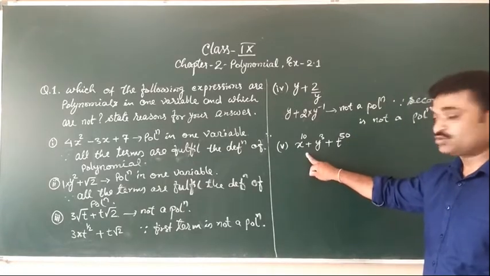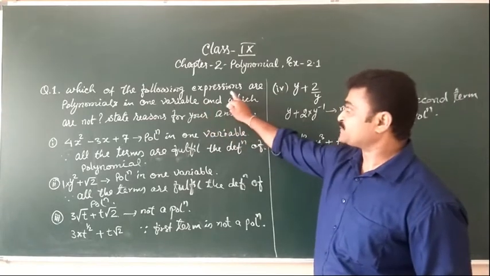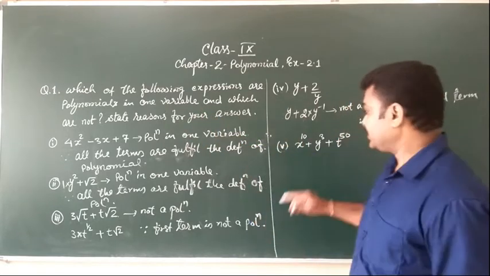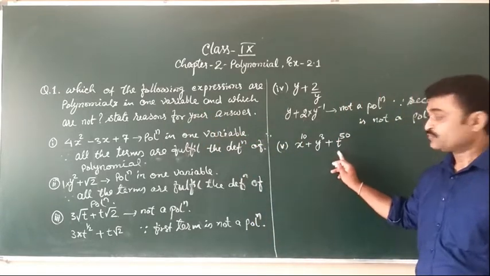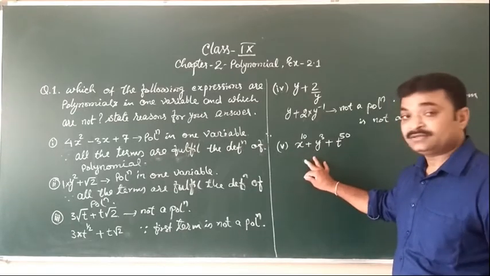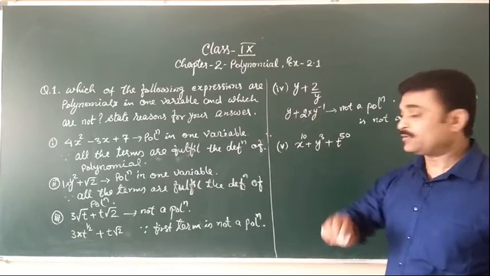In the last question, we have to find which of the following expressions are polynomials in one variable, only a single variable. Here three variables are there. It is a polynomial, but it is a polynomial in three variables. But we have to find polynomials in one variable.